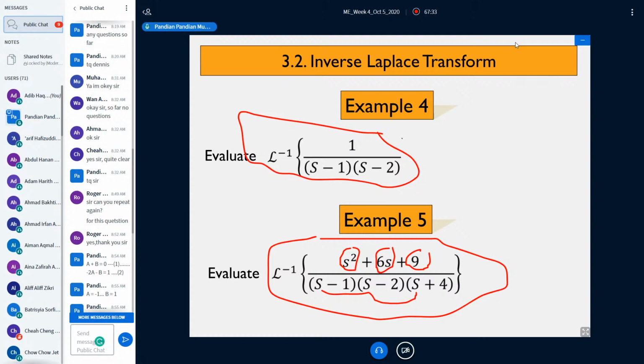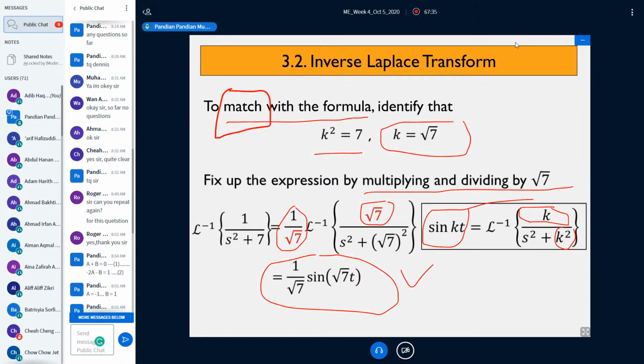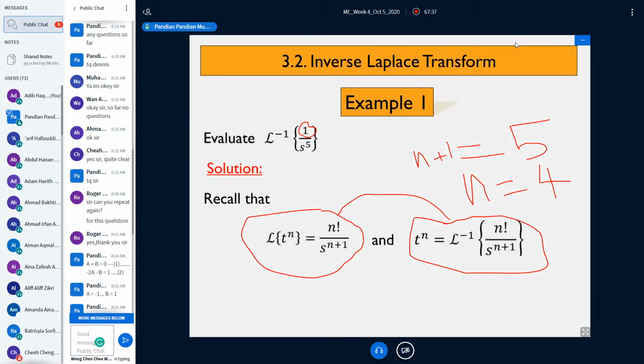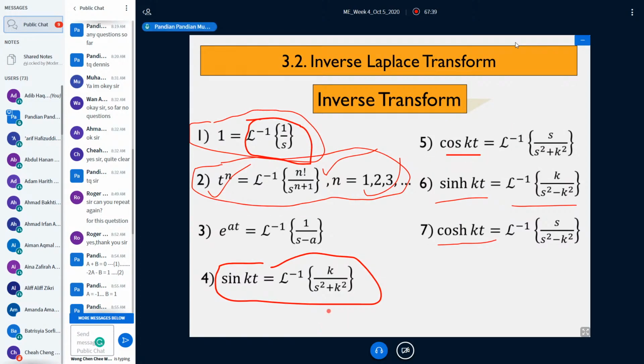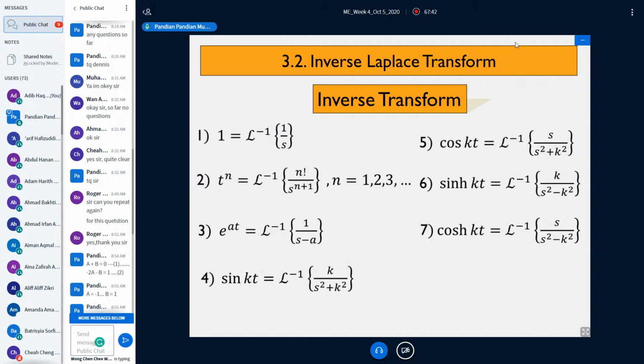Go back to the table. We are using this table, number 3. Everyone must use this table. Wang Chen, number 3.